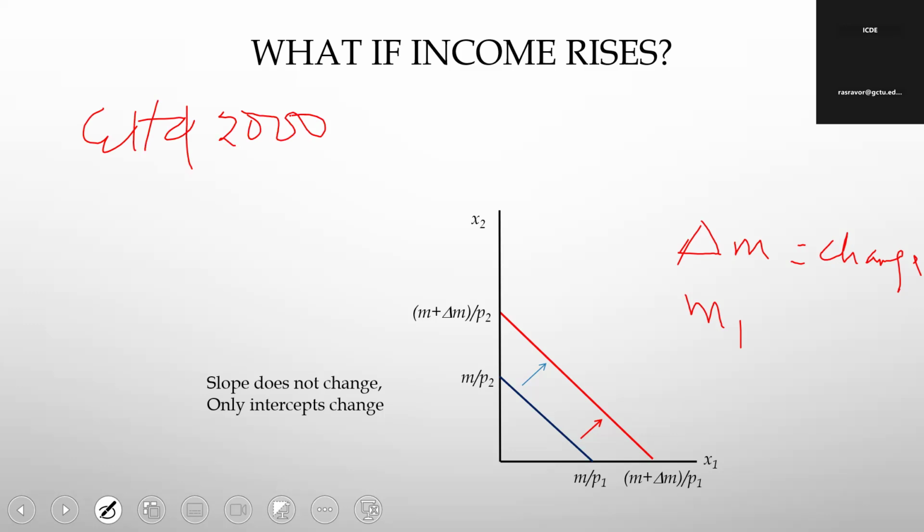Government says that through tripartite, they are going to give me a 10% increment. The 10% of 2,000 for my basic is what? 200. This is my old income, and this is the change.